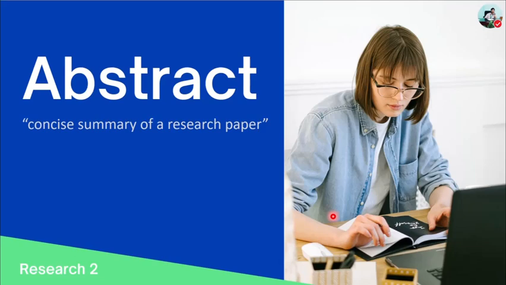The other purpose of the abstract is for retrieval of information. Readers often use the abstract to quickly determine if a paper is relevant to their own research or interest.